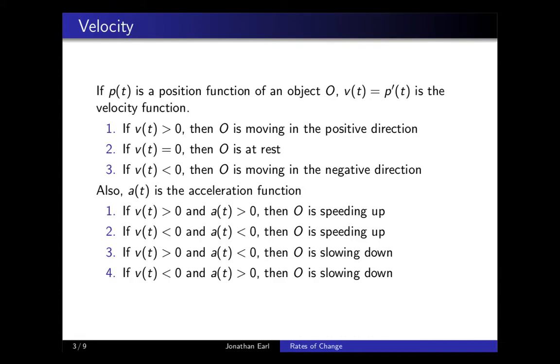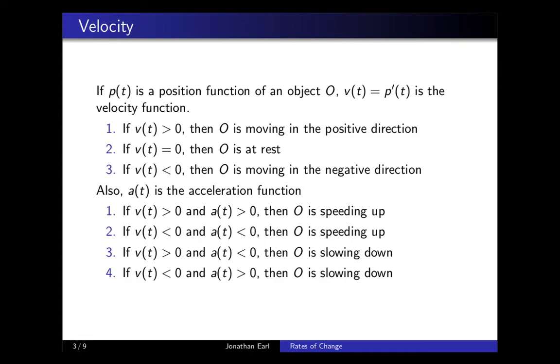For acceleration, we can talk about when an object is speeding up and slowing down. So if the velocity and the acceleration are going in the same direction, then our object is speeding up. So if the velocity is positive and the acceleration is positive, that means the object is moving to the right, and the acceleration being positive says that the velocity is going to increase. So it's going to move more to the right.